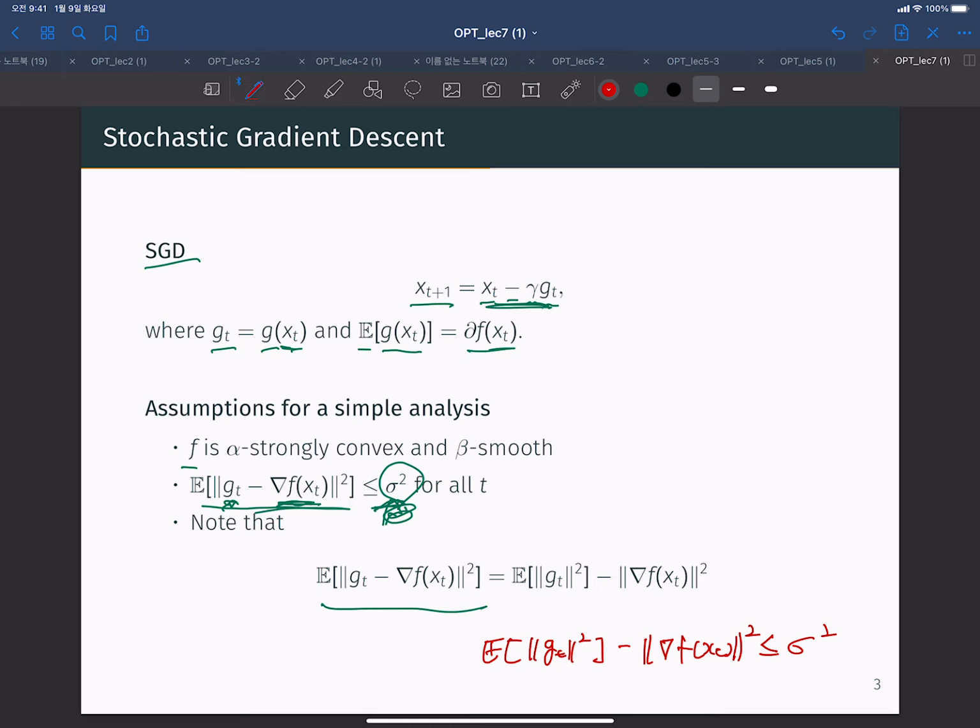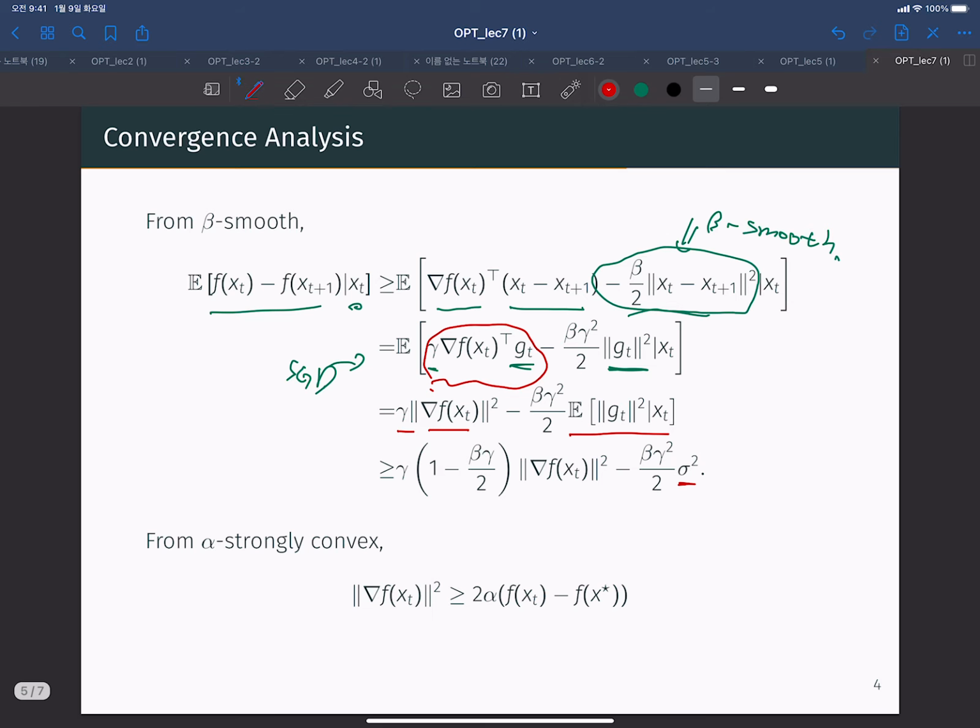Which means the expectation of g_t normed square is upper bounded by sigma square plus gradient of f(x_t) normed square. So we can replace this term using the gradient of f(x_t) normed square and sigma square. That is the result: gamma times 1 minus beta gamma over 2 times gradient of f(x_t) normed square minus beta gamma square over 2 times sigma square.